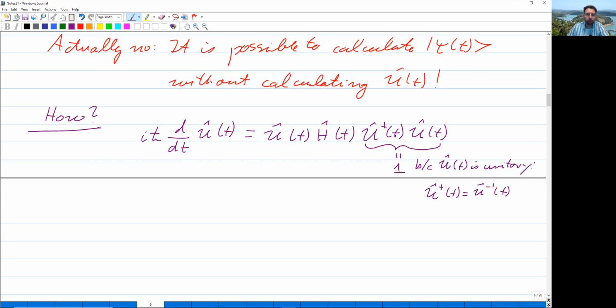The point of this is that we're going to get in a better place from here if we now apply that equation on our state psi.